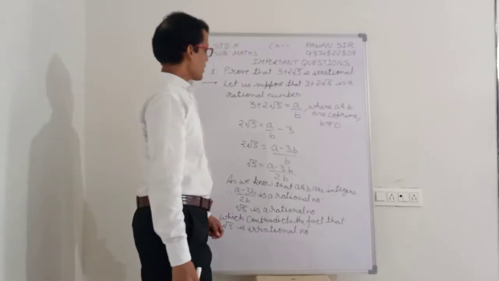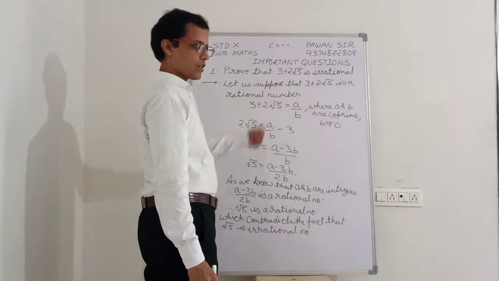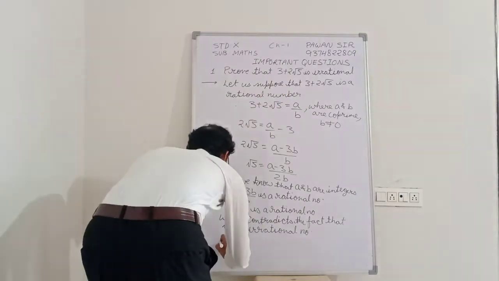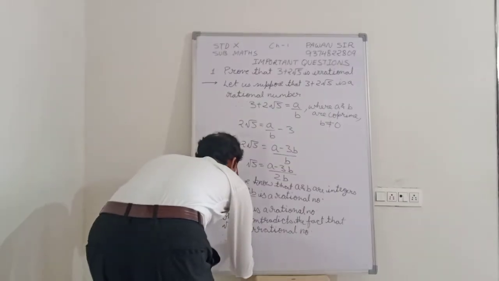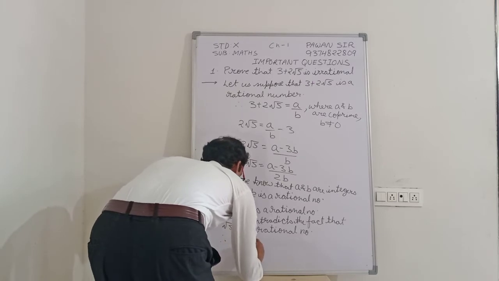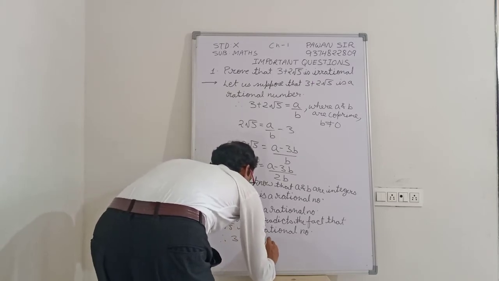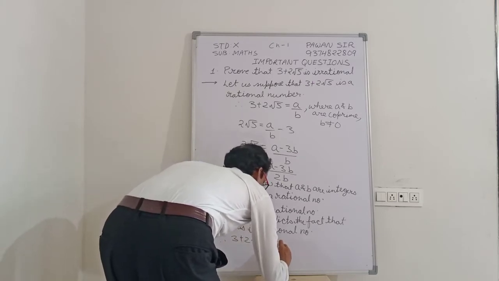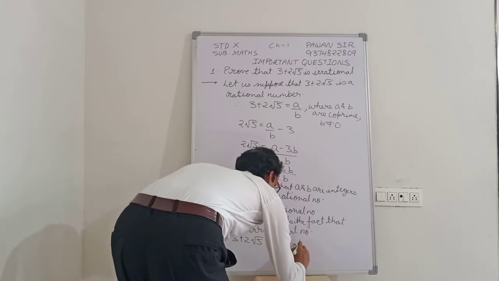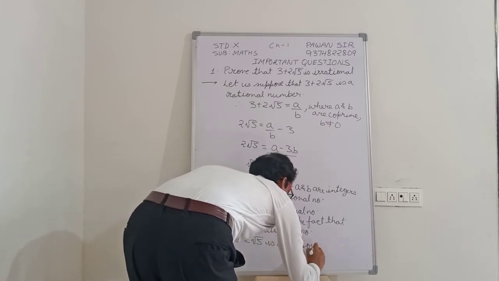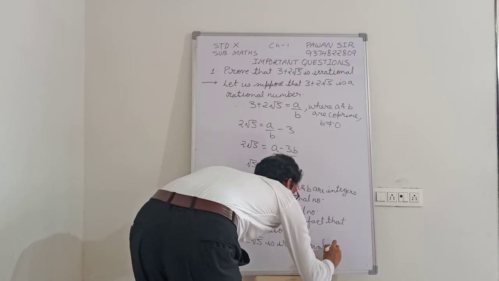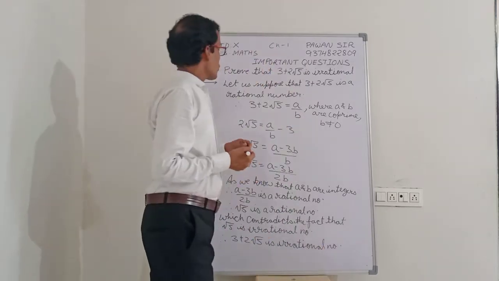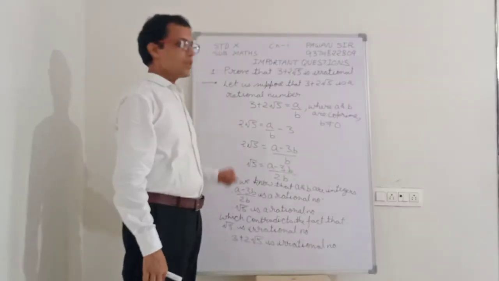And this contradiction arises due to our wrong assumption. Therefore 3 plus 2 root 5 is an irrational number. So this is our first sum.